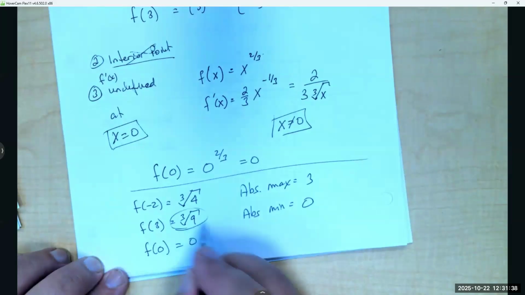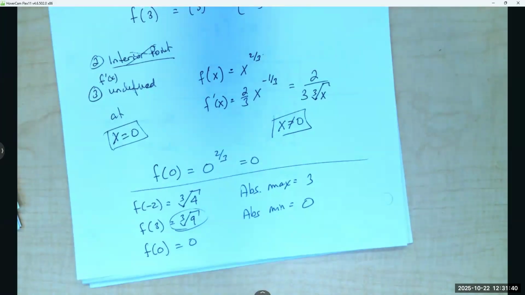So this one's got to be the maximum. There's nothing to think about, just look at the numbers. It's just observation at that point. So your maximum is at x equals 3, and the minimum is at 0.